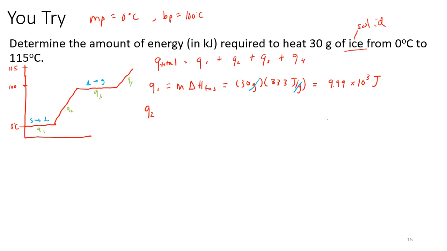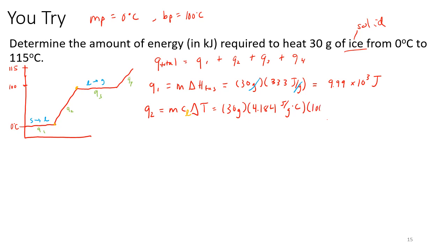Q2 is a temperature change. We have liquid water at 0 degrees Celsius going to 100 degrees Celsius. So we're going to use Q equals MC delta T. The mass hasn't changed, it's still 30 grams. C, we're going to use the specific heat for liquid water, so C sub L. That is 4.184 joules per gram degrees Celsius times T final minus T initial.